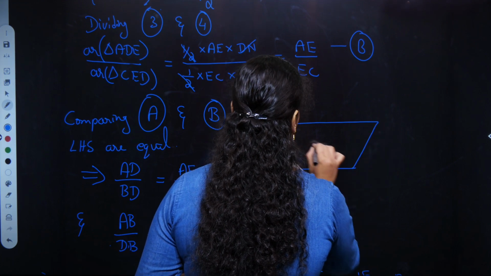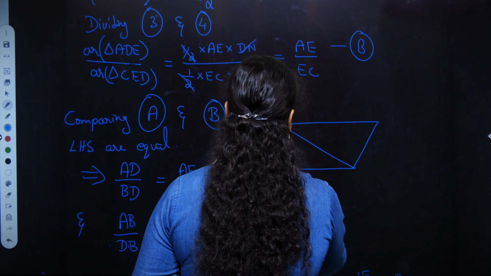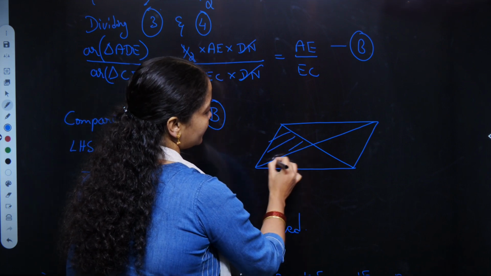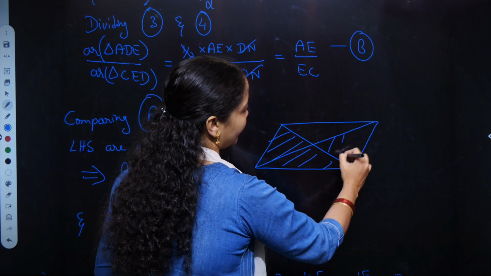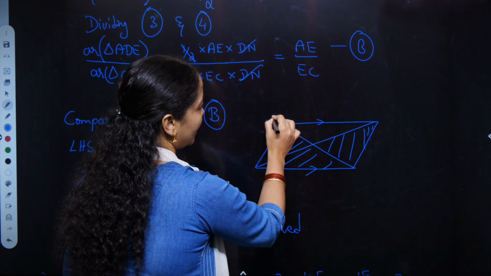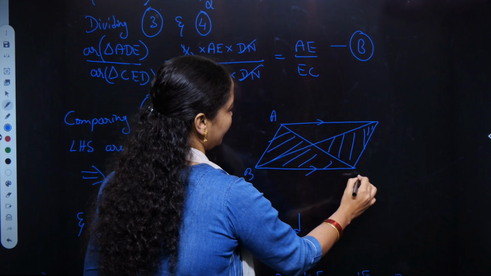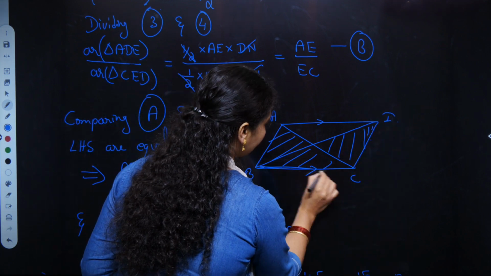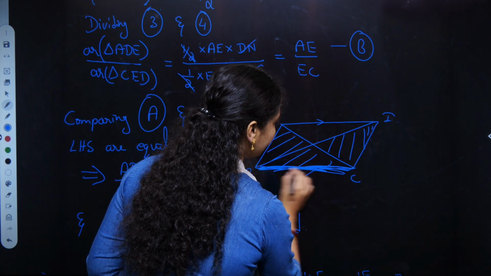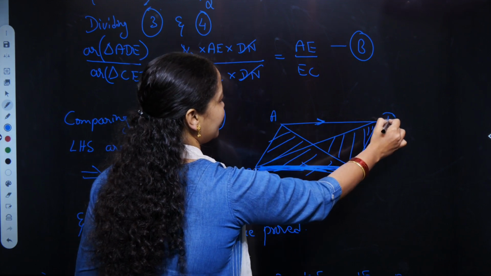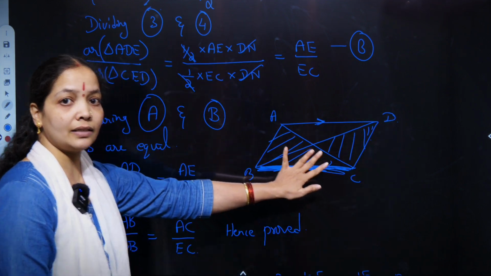If I have a parallelogram and I am dividing it into two different parts, I have two triangles ABC and DBC. Both the triangles have the same base BC and they lie between the same parallels, that is AD and BC, then the areas of the triangles are equal.